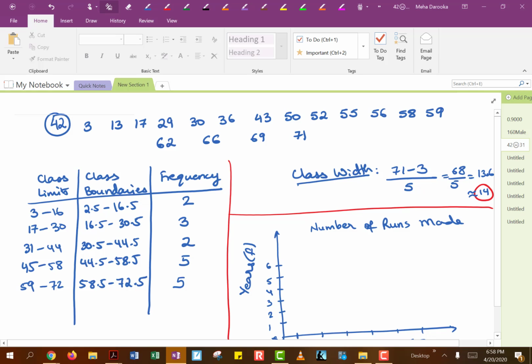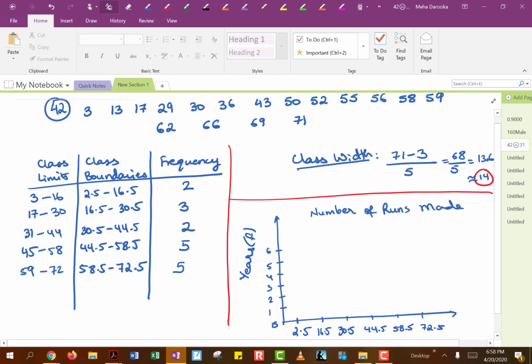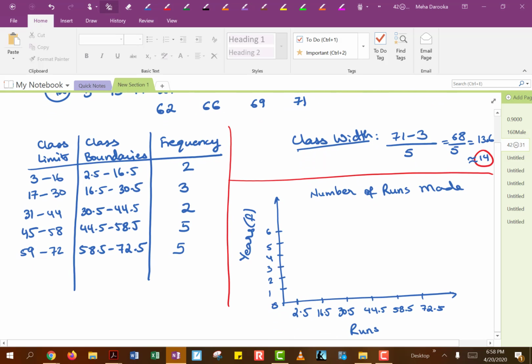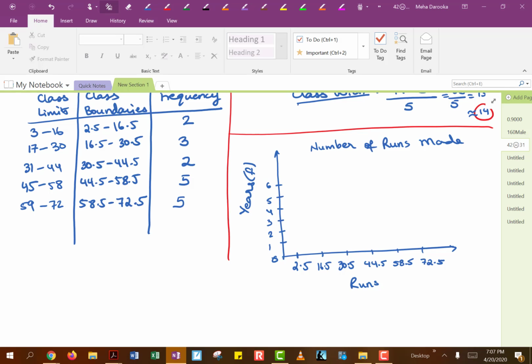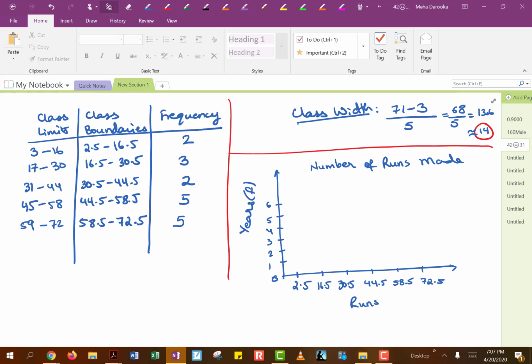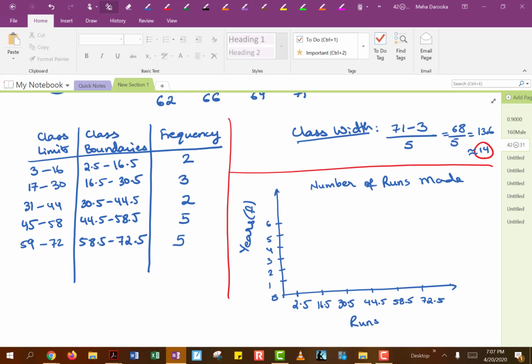Now that we have our frequency distribution done, we can go ahead and draw our histogram over here. All right, so we've got our x-axis. As you can see, we have the class boundaries on the x-axis and our frequency values on the y-axis, which represent our years. For the first class, we have a frequency of 2.